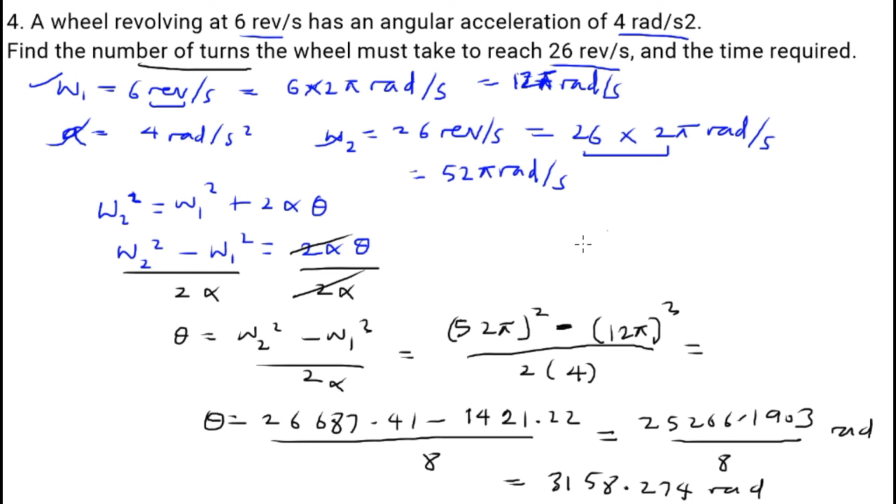Pi is actually 22 over 7 or 3.142. So if you divide it by 2 pi, the number of revolutions, which is angle theta, will be equal to 502.65 revolutions.